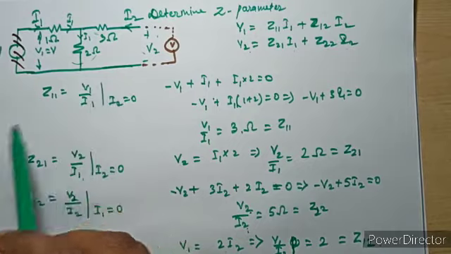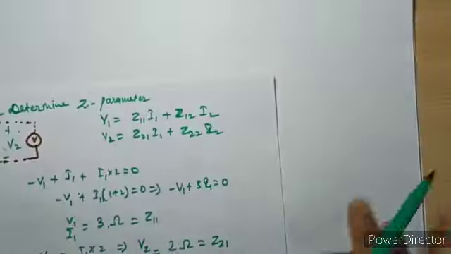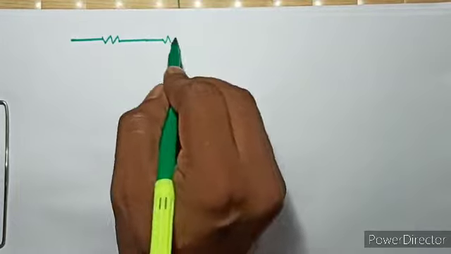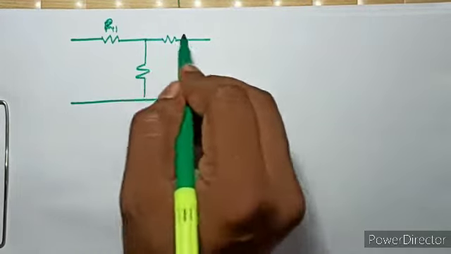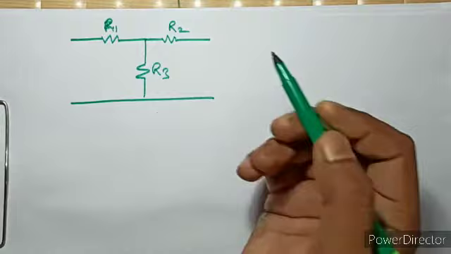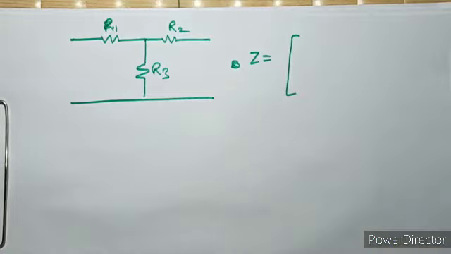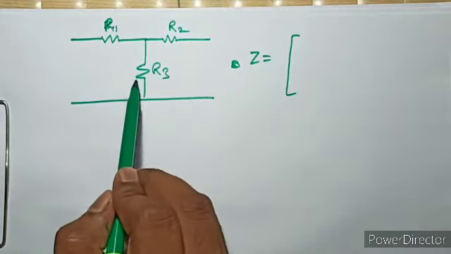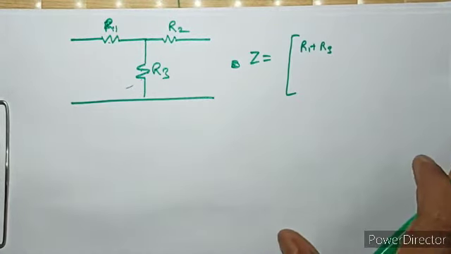So whenever you see this type of network, means a resistor network like this, where this is R1, this is R2 and this is R3, then write its Z parameters simply as Z11 will be nothing but the summation of this resistor R1 plus R3, right.